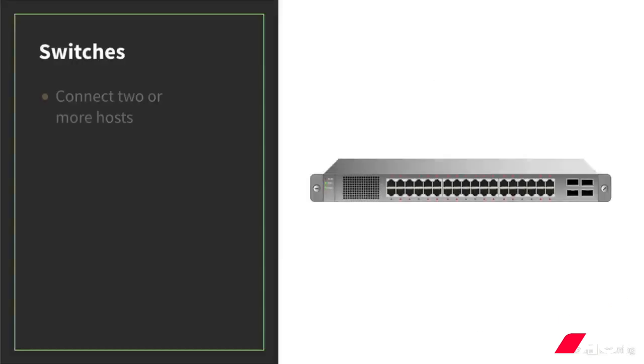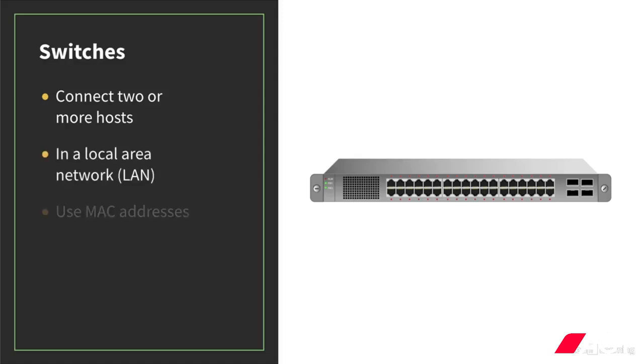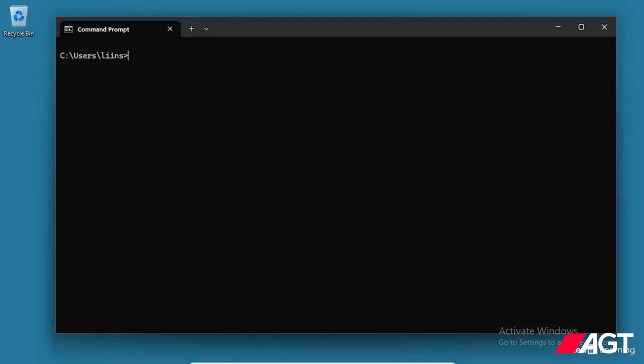A switch connects two or more hosts in a local area network, or LAN. It uses MAC addresses to distinguish its hosts. To find your Windows computer's MAC address, type ipconfig /all in the command prompt window.